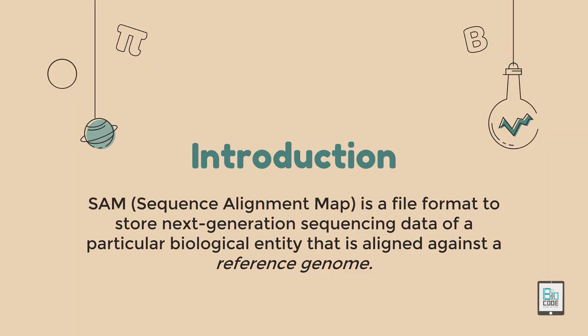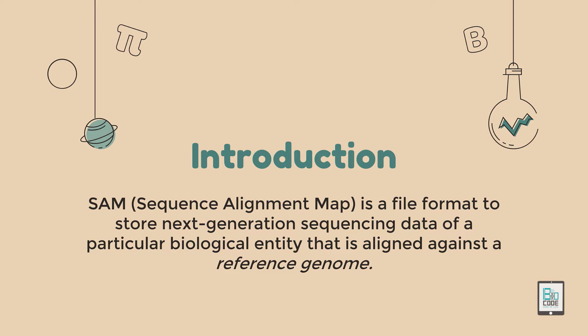So about SAM, let me give you an introduction. SAM is basically a sequence alignment map file, a bioinformatics file format that allows you to store next generation sequencing data of a particular biological entity that can involve single cell sequencing or whatever, that is aligned against a reference genome.